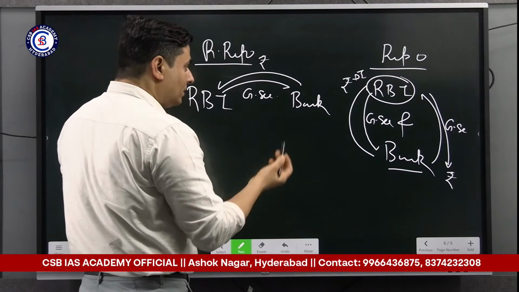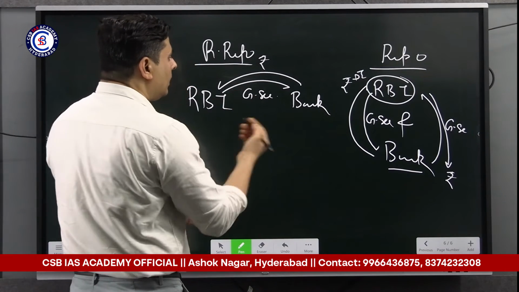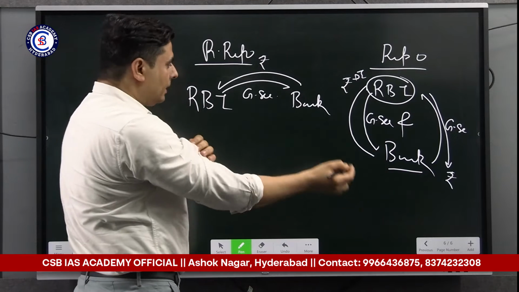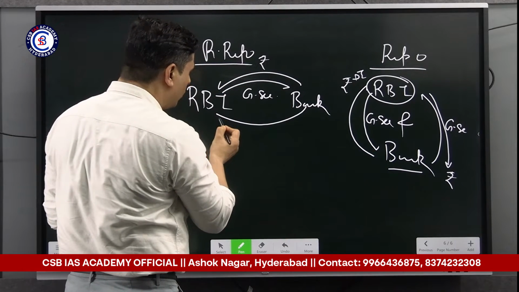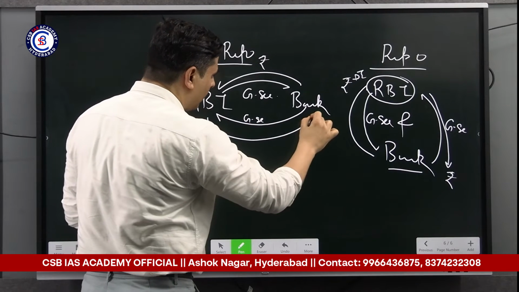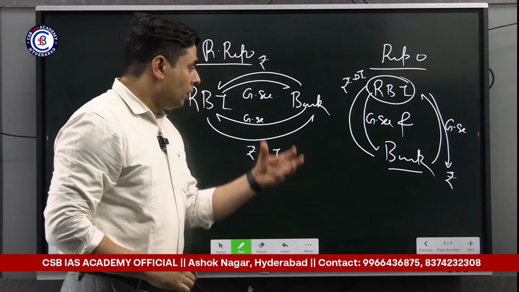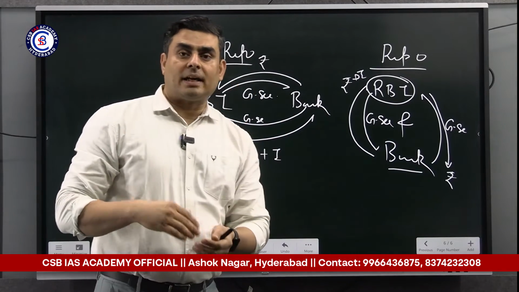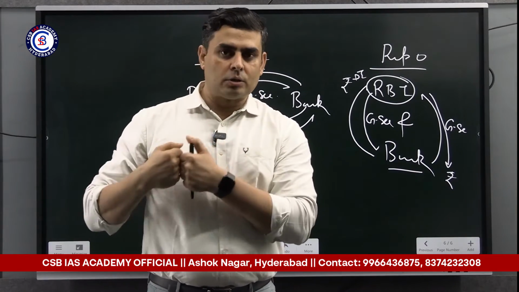Fine. Once this obligation is completed, the government security which went to RBI will go back to whom? RBI, and RBI will return the money with interest. So in this way, banks can earn interest by parking their liquidity and also get what?